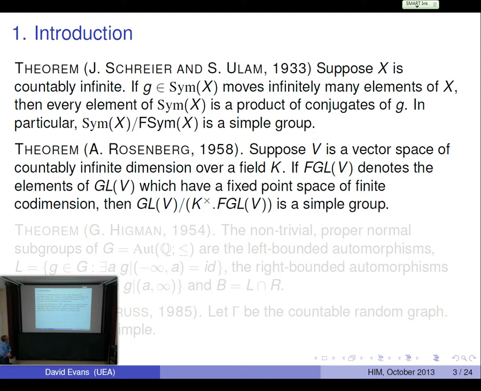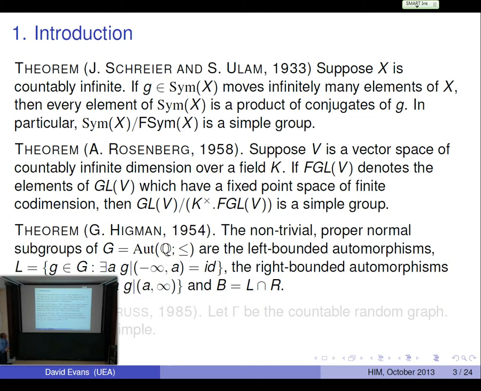And then the result here is that the general linear group modulo scalar multiples of these finitary transformations is a simple group. So if you take something outside that, then every invertible linear transformation of V can be written as a product of conjugates of it.